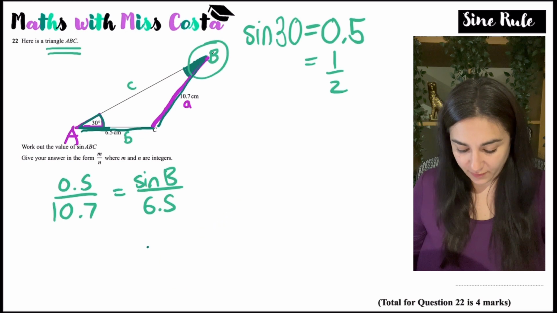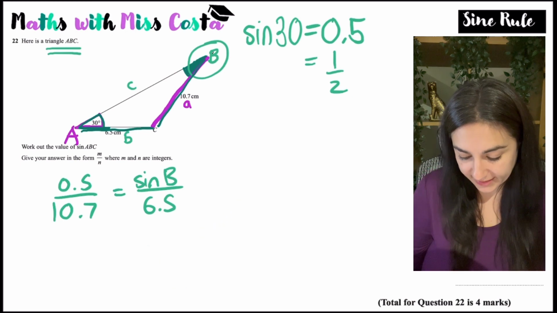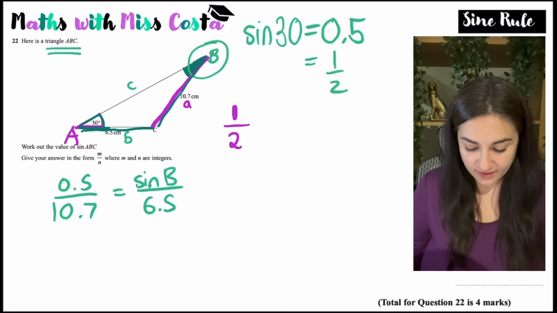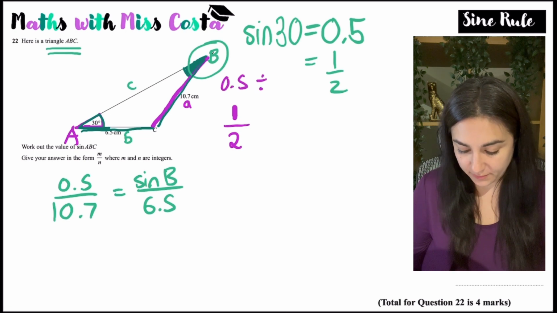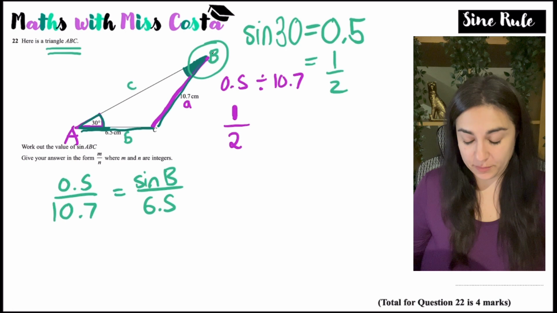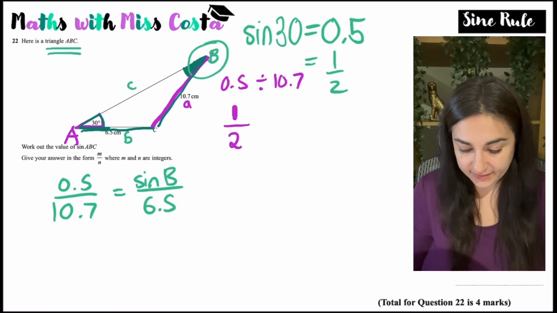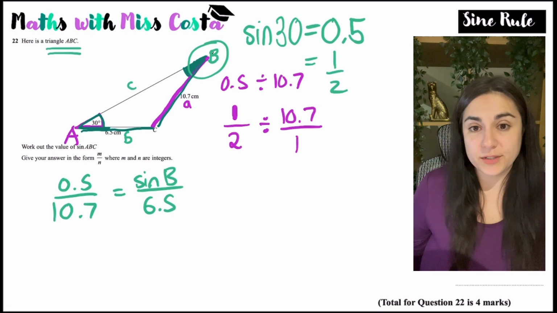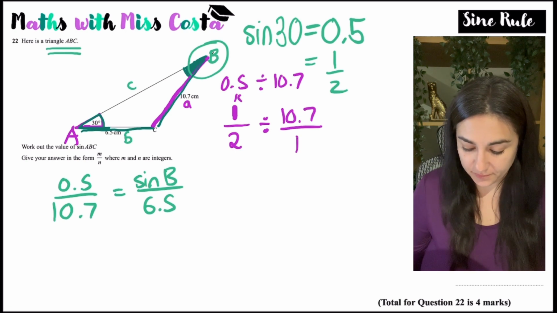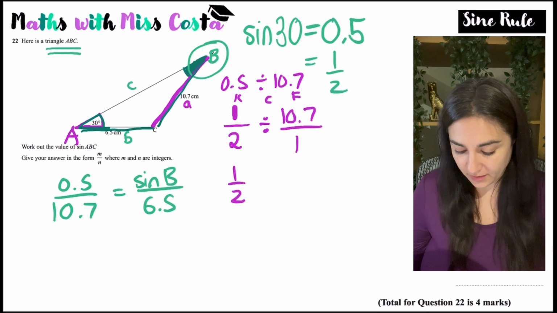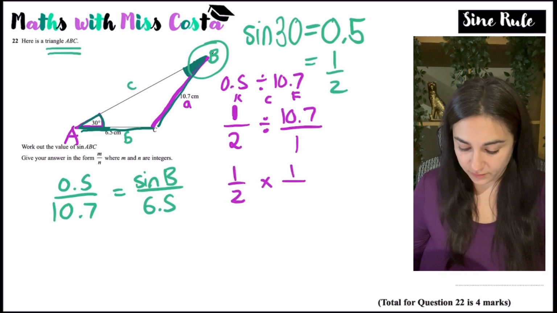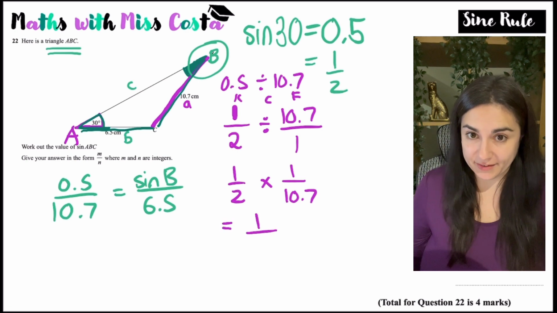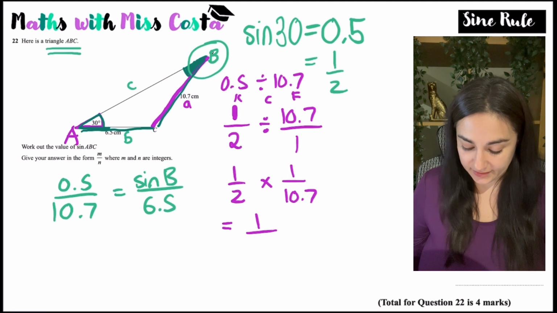So 0.5 divided by 10.7, this is non-calculator, so I can write it like this. I could turn 0.5 into a fraction, divided by 10.7, I could also turn that into a fraction. What do you do when you divide fractions? You keep, change, flip. So a half times 1 over 10.7 gives you 1 over, and then 10.7 times 2 is 21.4.